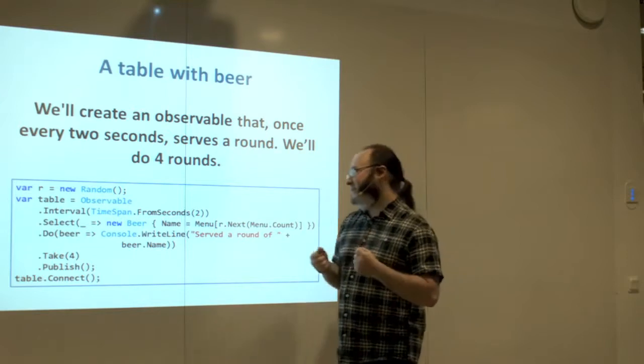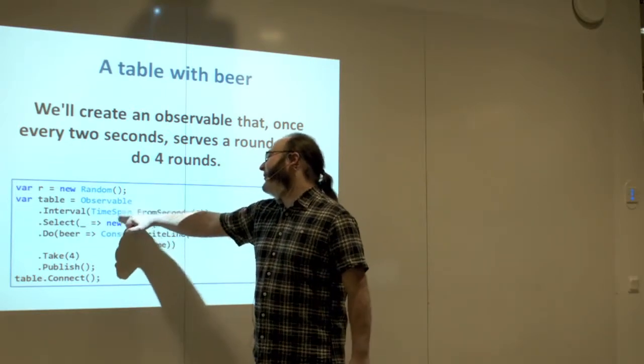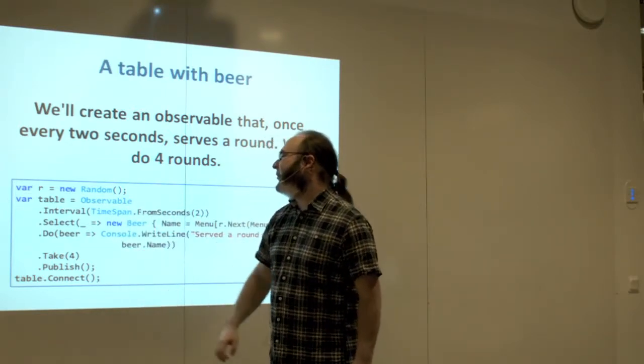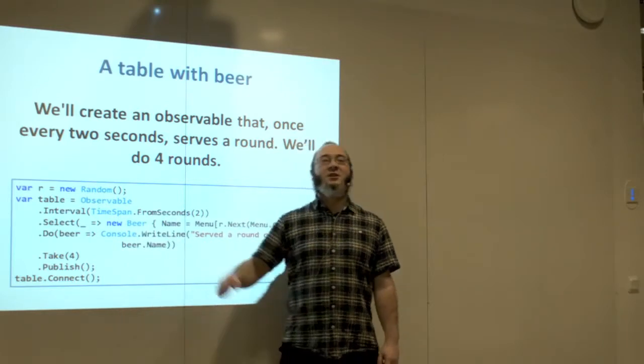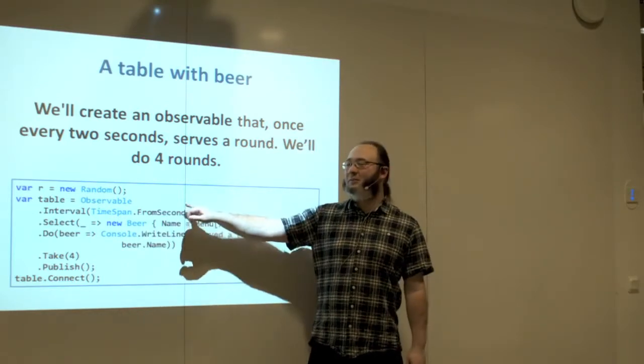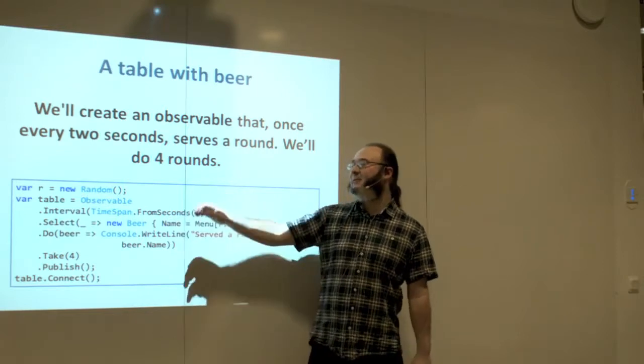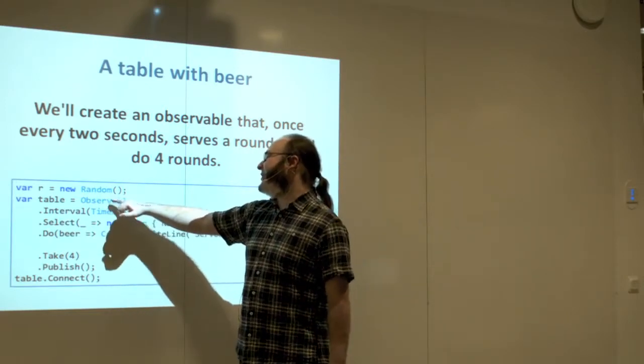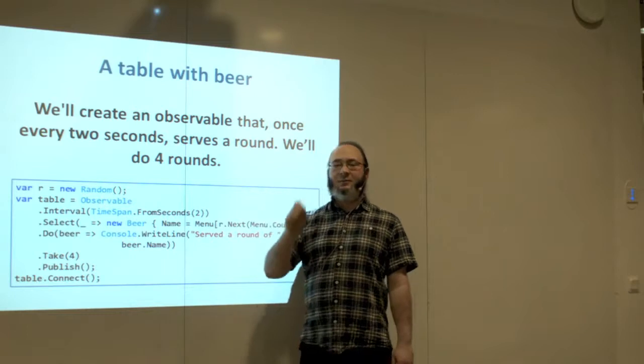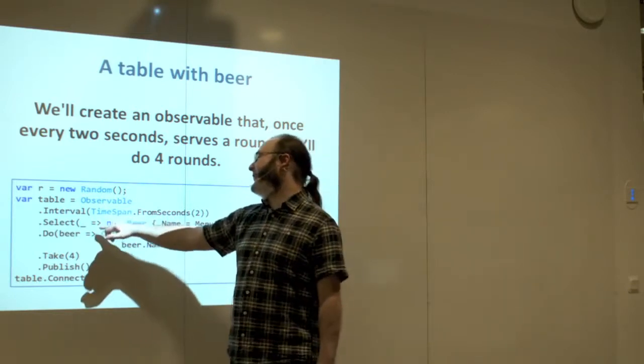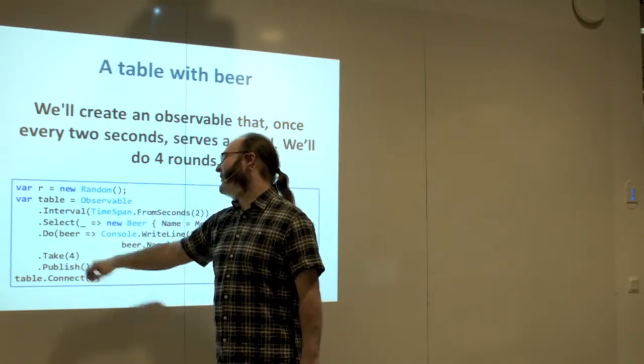Now, the thing is this. When I set up this pipeline down to Take(4), I've actually only described it. Okay, this is what we call declarative, or just declaration. I haven't actually started producing the 2-second timings yet. I haven't done any of the work that follows on from it down to here.